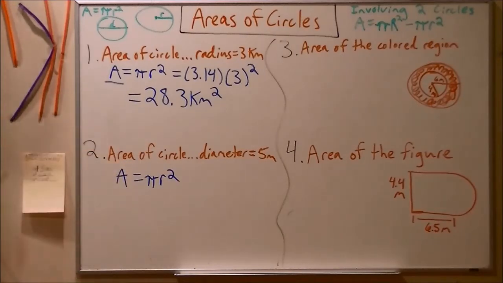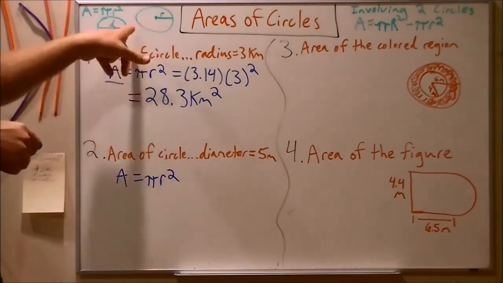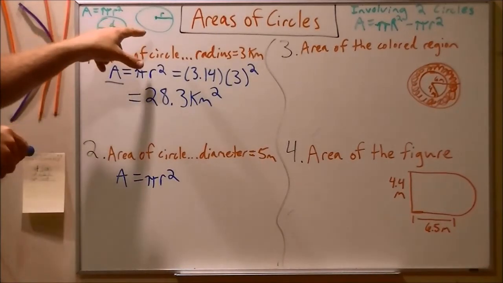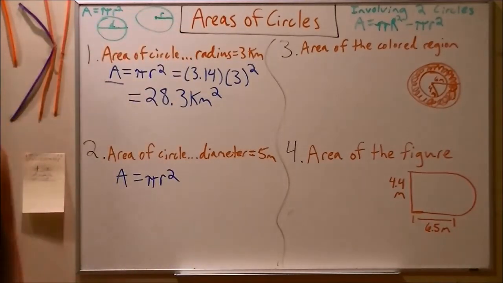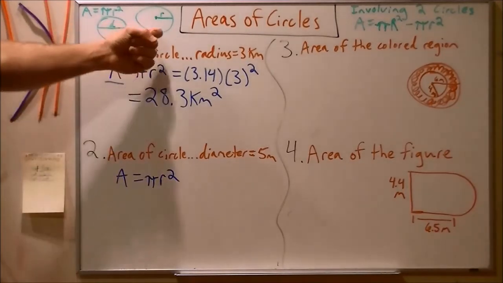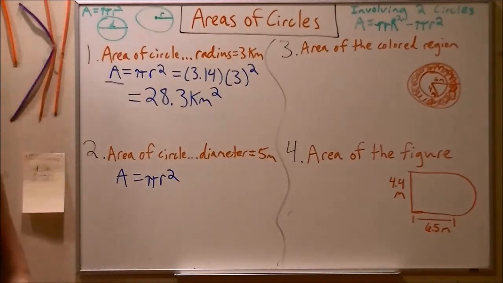Do I have a radius that I'm given in that information? No. I have a diameter, which is different than a radius. A diameter is all the way across. And for my formula, I need a distance that's only halfway across the circle. So how do I figure a radius, or halfway across, from a diameter which is all the way across?